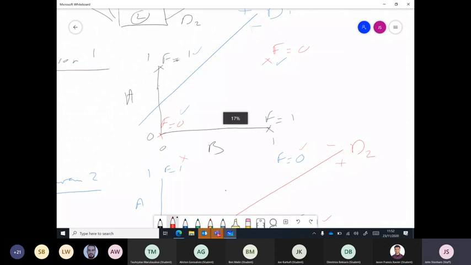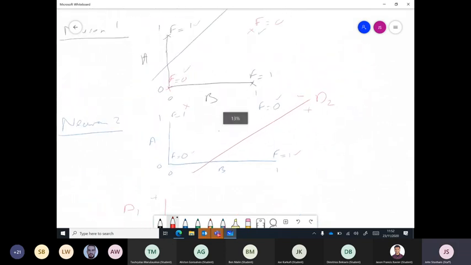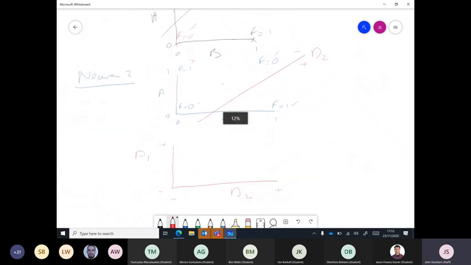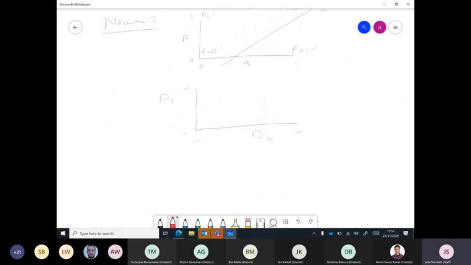This F equals 1 term is on the positive side of D1, and on the second one, it is on the negative side of D2. So the transform into D1, D2, the hidden space, becomes plus minus.